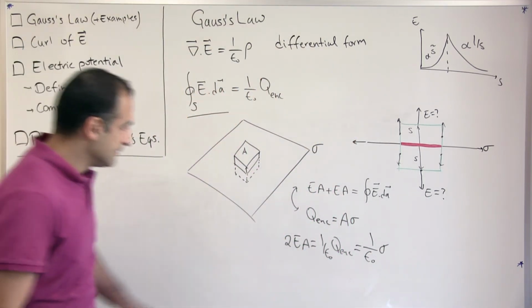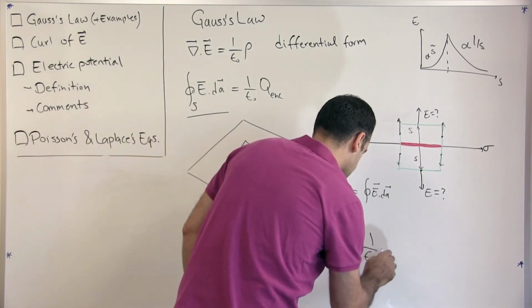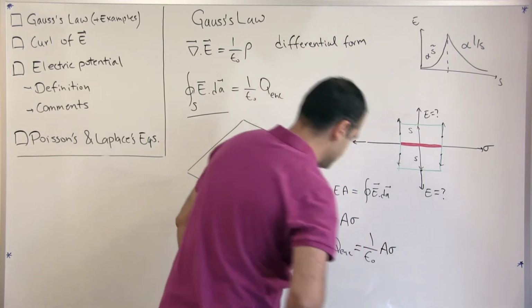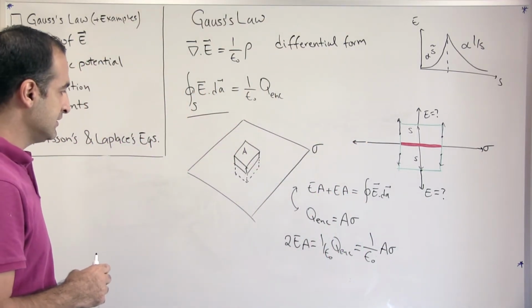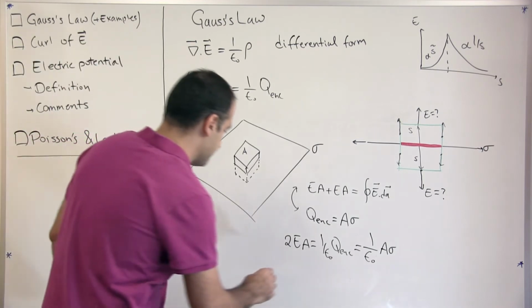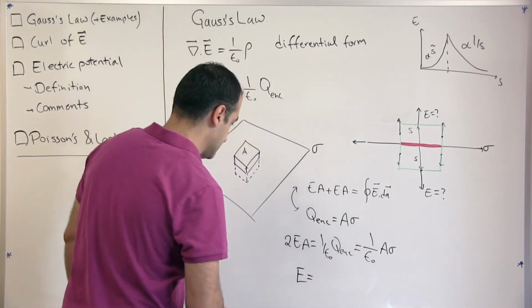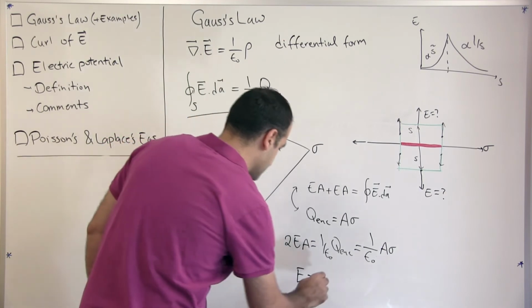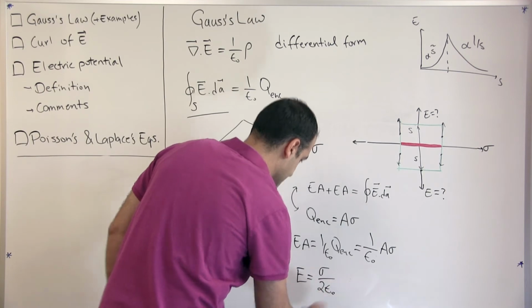Sorry, the Q enclosed is A times sigma, so it is 1 over epsilon naught times A sigma. Looks good? So now, the electric field is simply sigma over 2 epsilon 0.